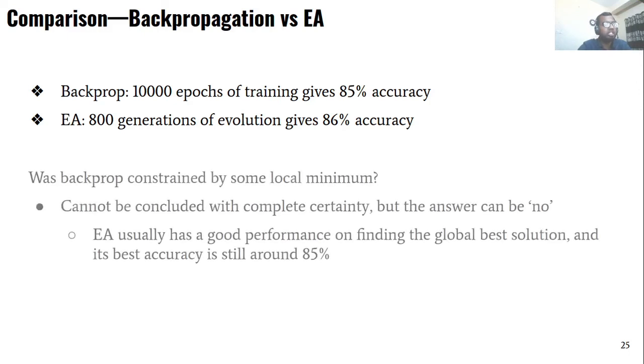So the question is, was the backprop constrained by any local minimum? Now we cannot conclude with complete certainty, but we know that EA usually has good performance in finding the global best solution. So, as we see that the accuracy of backprop and EA are quite similar, we can say that backprop was not constrained by any local minimum.